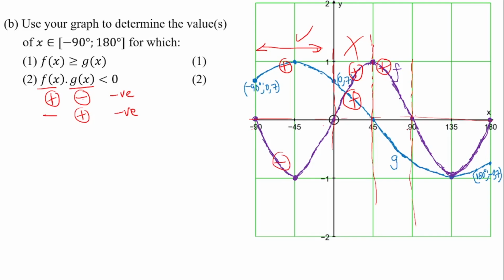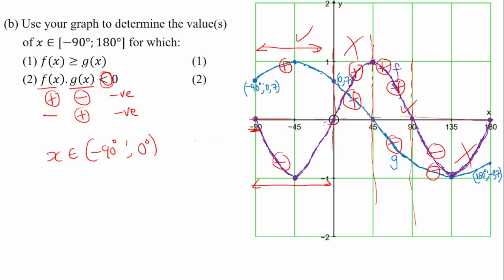And then between 45 and 90 degrees, right, this one is positive, f of x, g of x is negative. Right, we want this part. So it's going to be that. And then from 90 to 180, negative, negative. This will give us positive, so it's out. So now it means our x, an element of negative 90 not included to 0 not included.